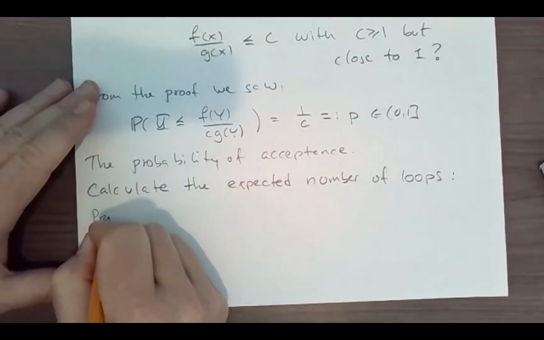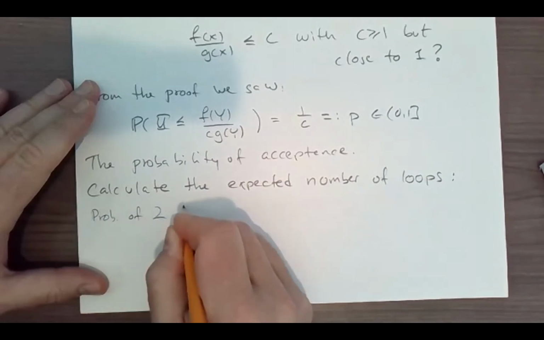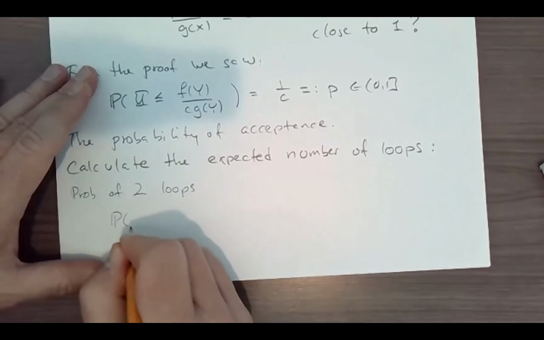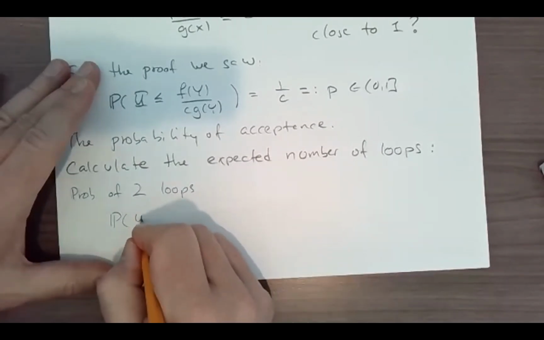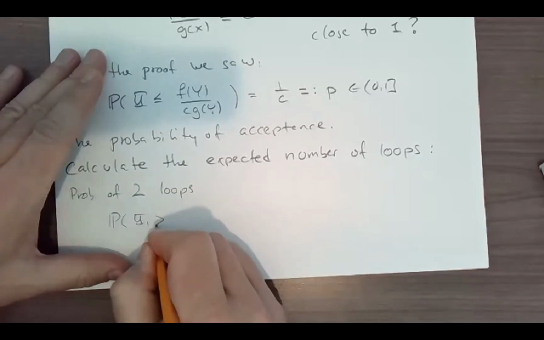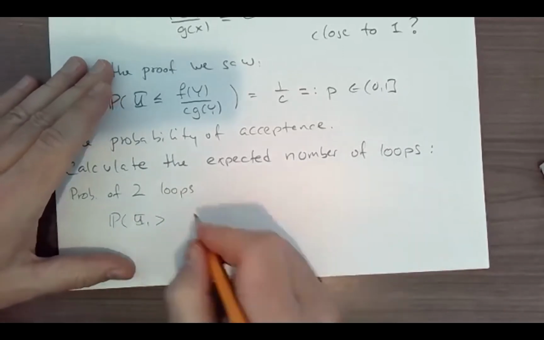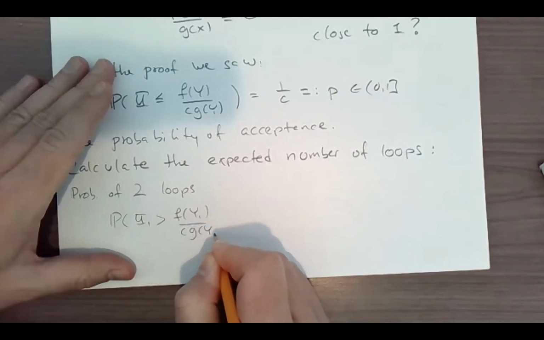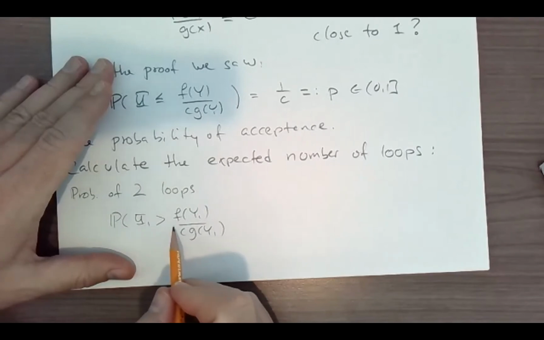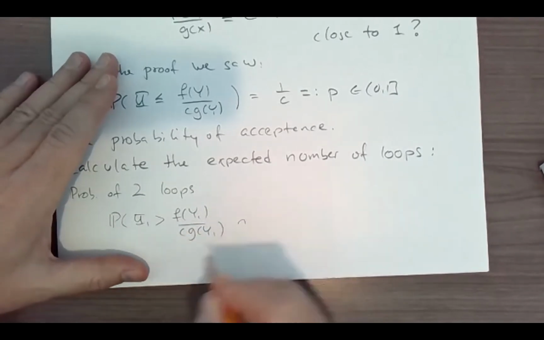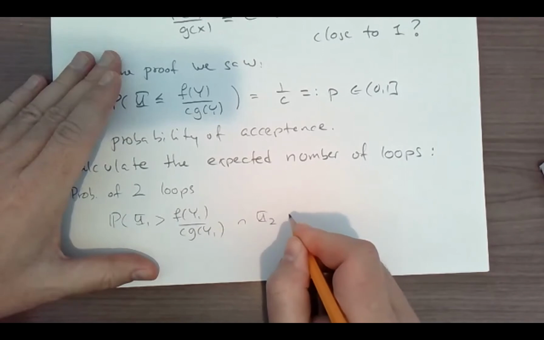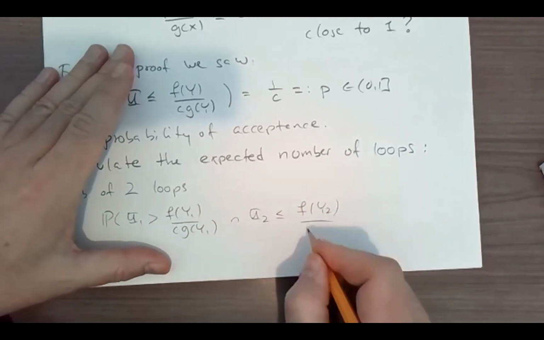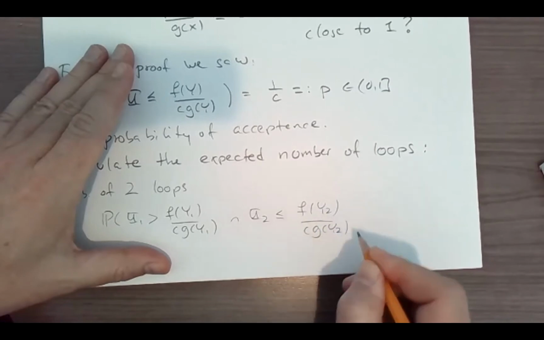If there are 2 loops, that means the first time around you're rejecting, so u is going to be bigger than f of y1 divided by c g of y1, and then the second one you're going to accept, so u2 is going to be less than f of y2 divided by c g of y2.